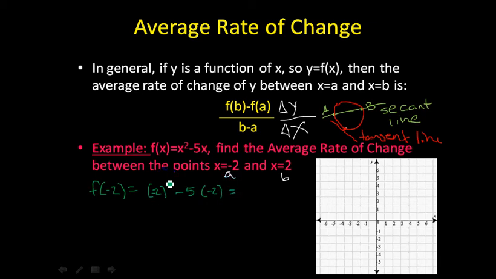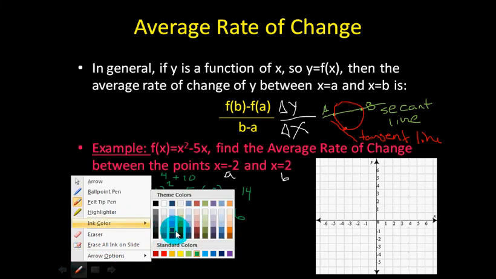Negative 2 squared is 4. So 4 minus 10, so 5 times negative 2 is negative 10, but that turns into a plus. So that is 14. And then f of 2 equals 2 squared minus 5 times 2, which equals 4 minus 10, which is negative 6.